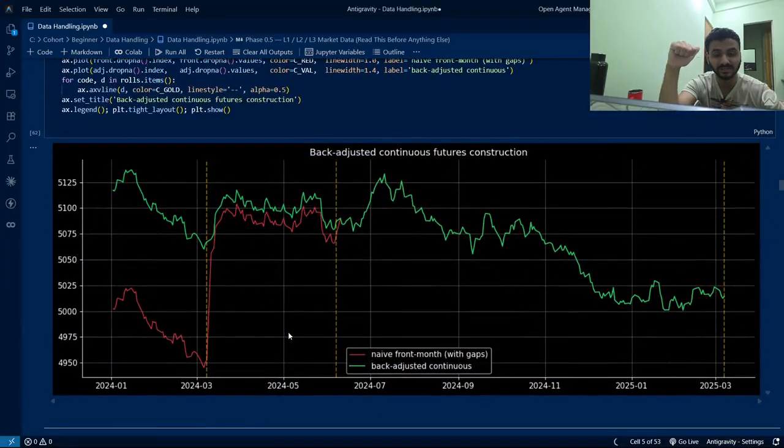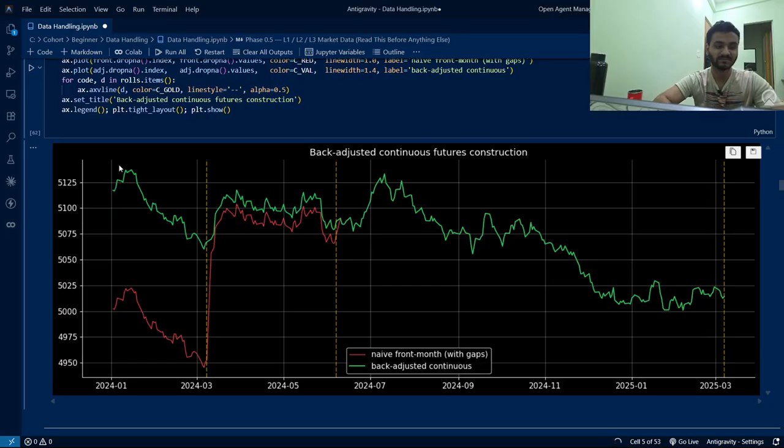Now, what is the difference between an adjusted price and a non-adjusted price? As you can see, this is a back-adjusted price, right? It's true to history. But a non-adjusted price, let's say we had a 4 for 1 split. If a stock was trading at 100, it will now crash to 25.